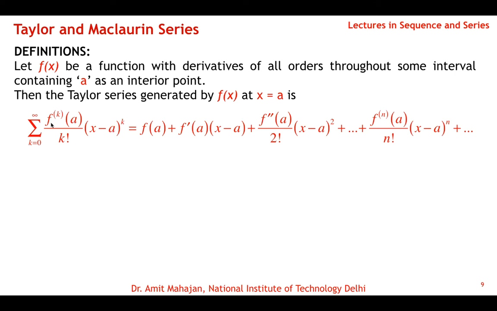Here f superscript in brackets k means that we are taking the kth derivative of the function and calculating that kth derivative at the point a.